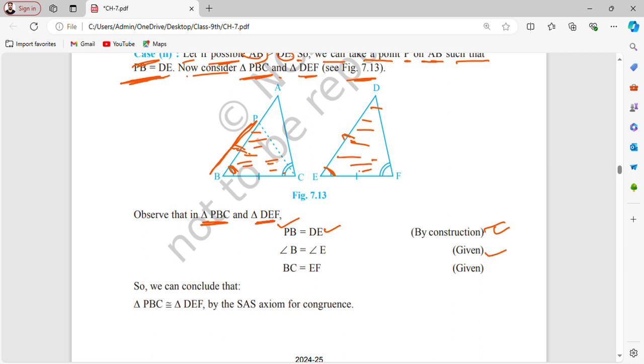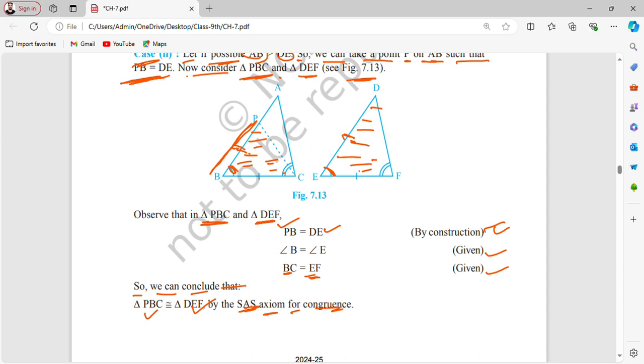And BC and EF, these two sides are also equal, also given. So we can conclude that triangle PBC is congruent to triangle DEF by the SAS axiom for congruency.